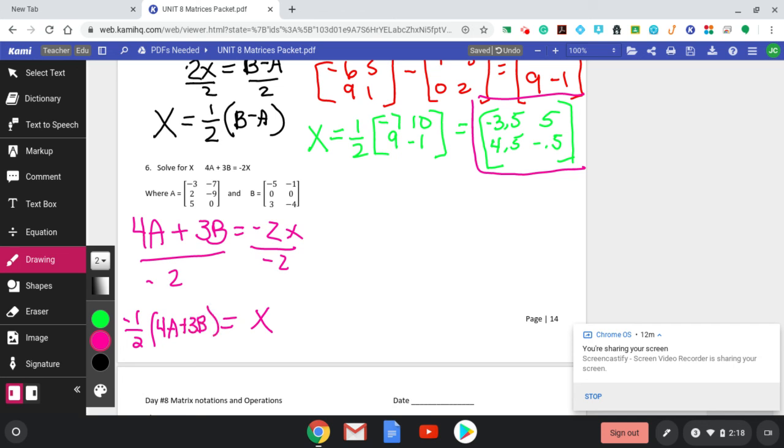Okay, so what you guys are going to have to do for me here, and you can pause the video while you work on it, because I'm just going to write the answer down. I'm not going to write any in-between steps. Okay, 4A, get that matrix down, add that to 3B, get that matrix down to get your new one, and then take that matrix and multiply it by -1/2.